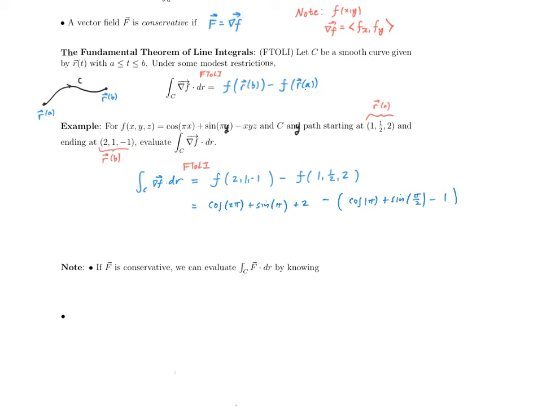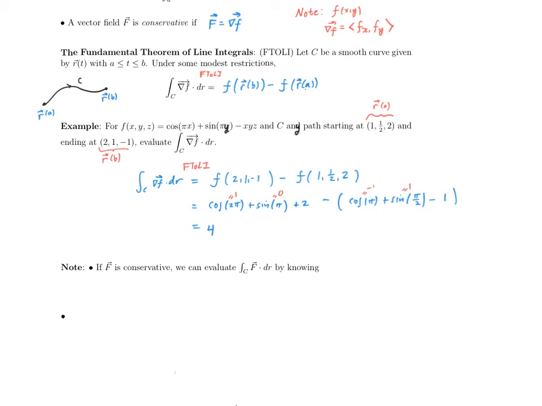So minus 1. And if we take care of these common values, cosine 2 pi is 1, sine pi is 0, cosine pi is -1, sine of pi over 2 is positive 1, what we end up with is 1 plus 2 minus a -1. So the value of this line integral is 4.